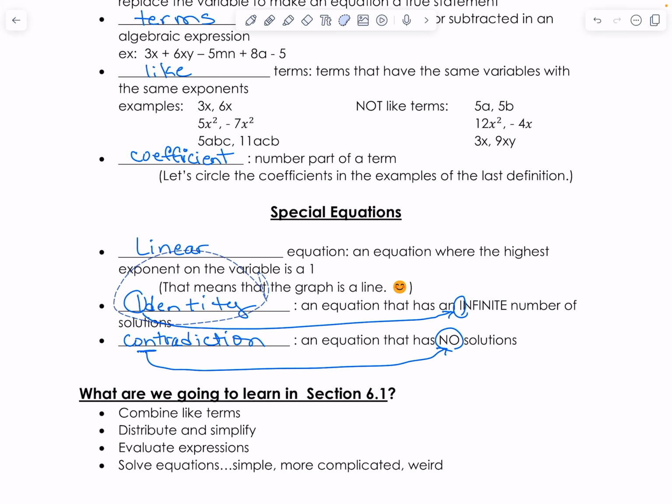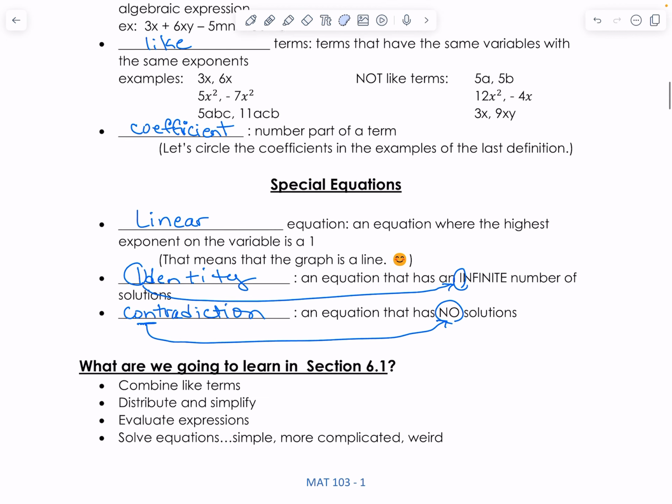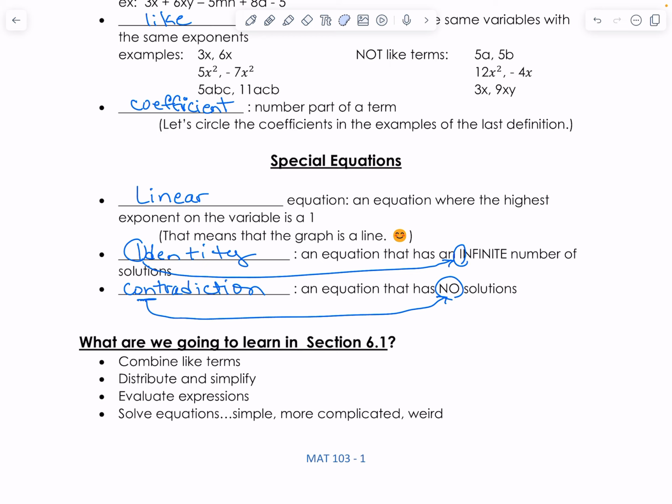You can remember it with the I's, identity and infinity. If it has no solution at all, it's called a contradiction in my lab. So we're just going to basically go over how to solve equations in this section.